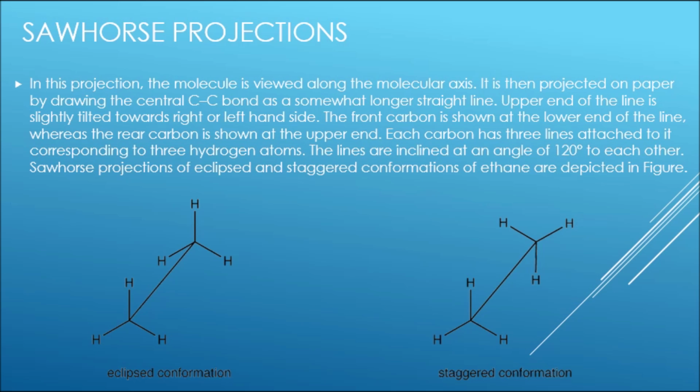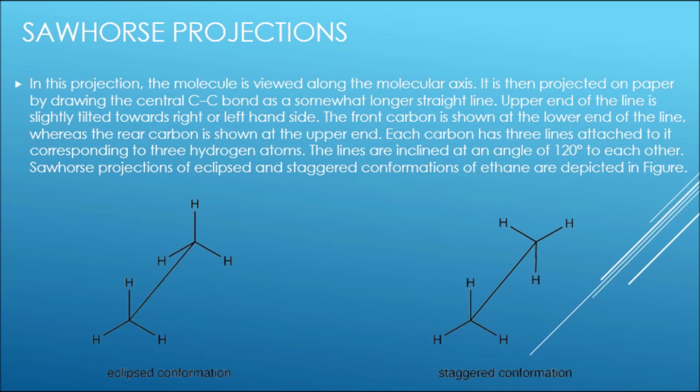Sawhorse projections. In this projection, the molecule is viewed along the molecular axis. It is then projected on paper by drawing the central carbon-carbon bond as a somewhat longer straight line. Upper end of the line is slightly tilted towards right or left-hand side.